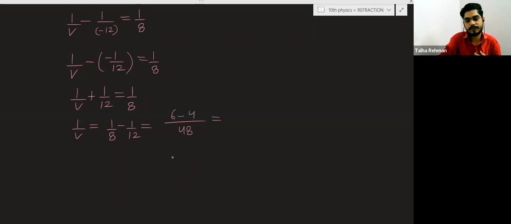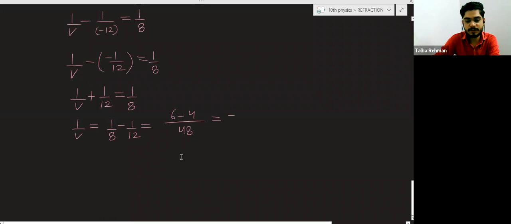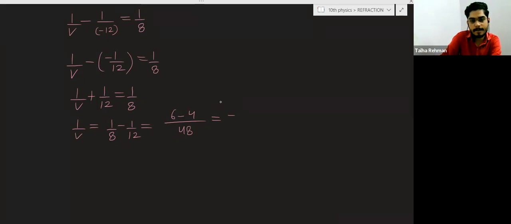So it will become 2 over 48, and your V will become plus 24 centimeter.